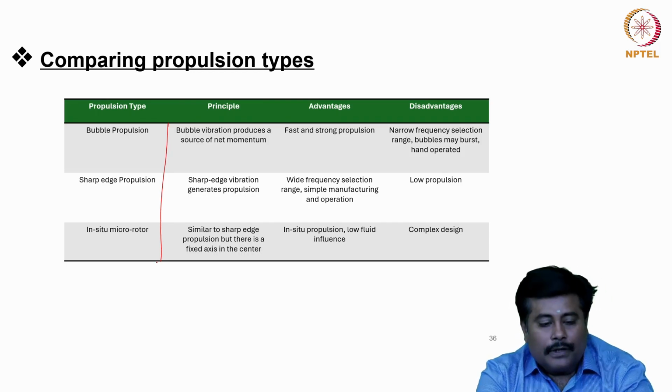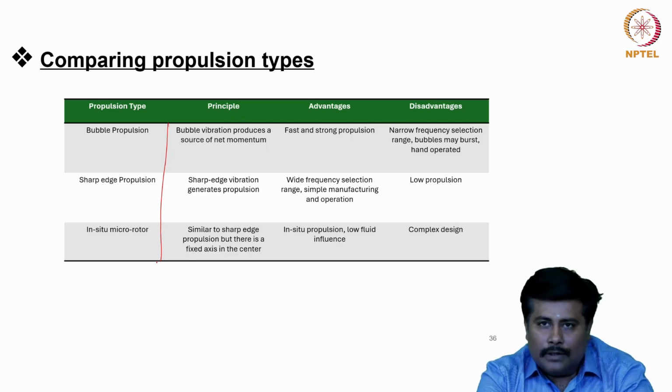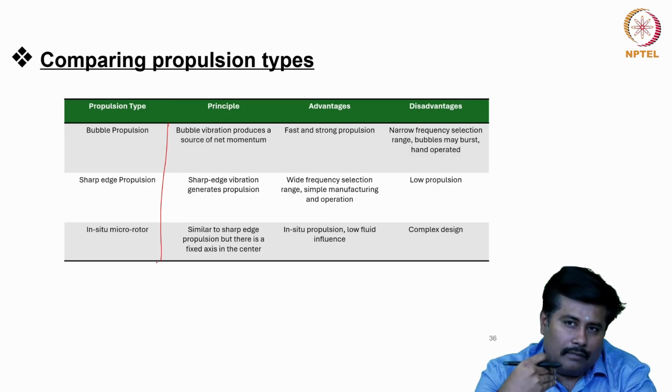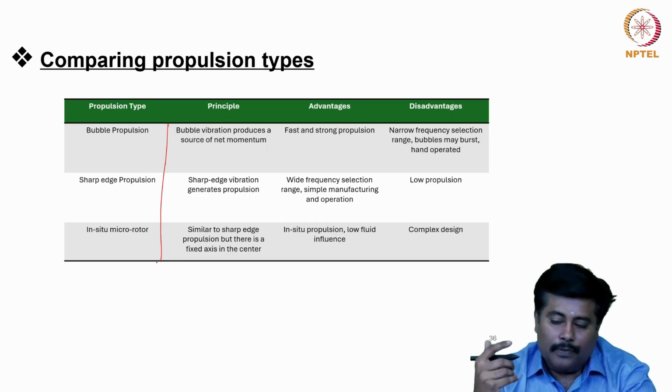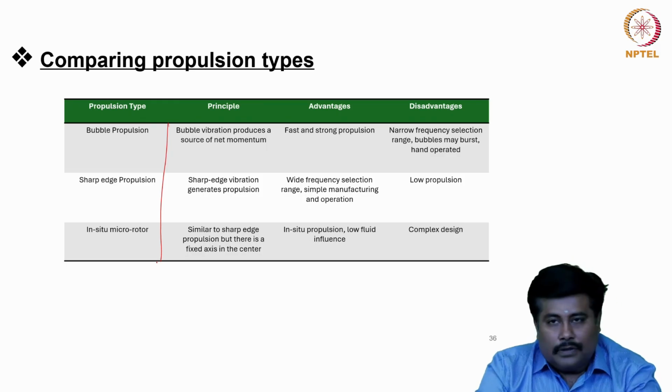As far as sharp edge propulsion is concerned, the sharp edge vibration generates a propulsion, with a wide frequency selection range and simple manufacturing operations. With reference to limitations, it has low propulsion. So wherever we have a limitation in the propulsion, we will be using such sharp edge propulsion.